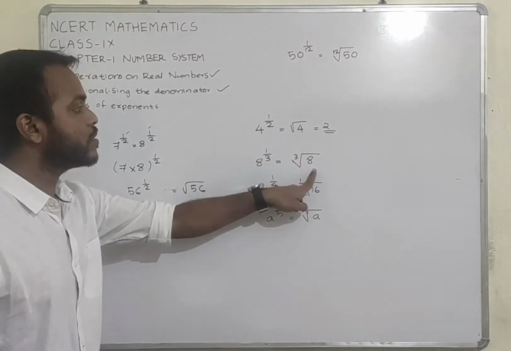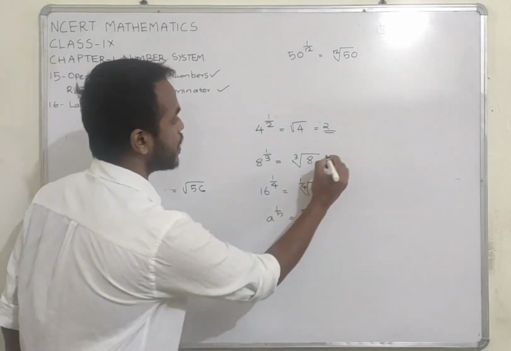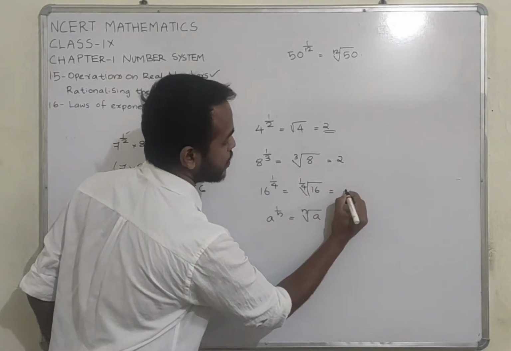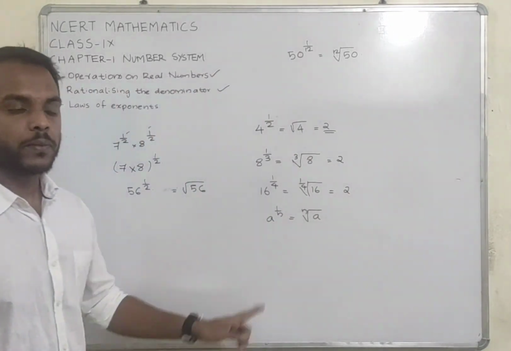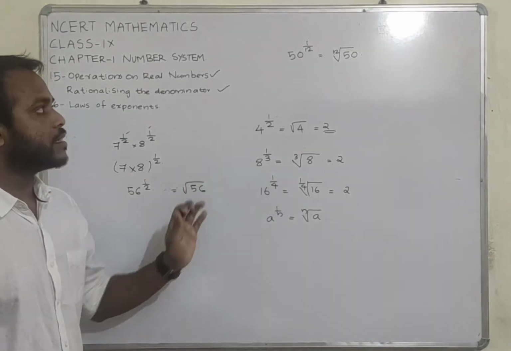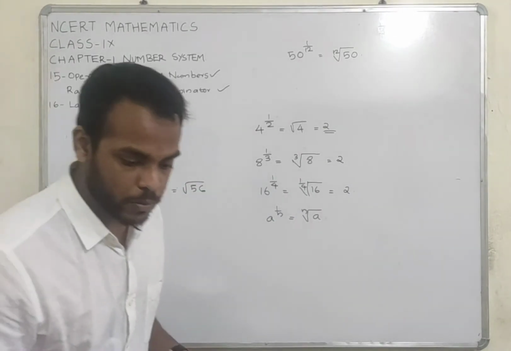And you know what is third root of 8? What is that? 2. Fourth root of 16 is, what is it? 2. So, take all these things in your notebook and learn this properly. We'll do one more question.